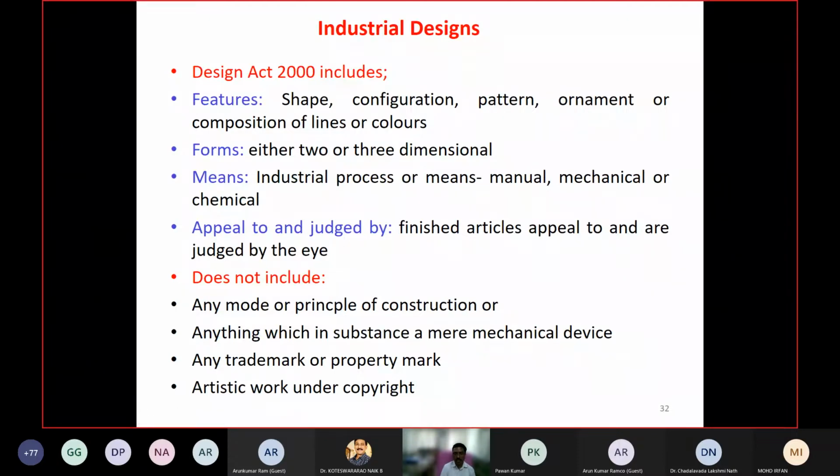Now, industrial design cannot be included as an artistic work under copyright, but it's a very controversial thing. There is an interface between artistic work copyright and industrial design. I'll tell you one or two interesting cases as we move along.